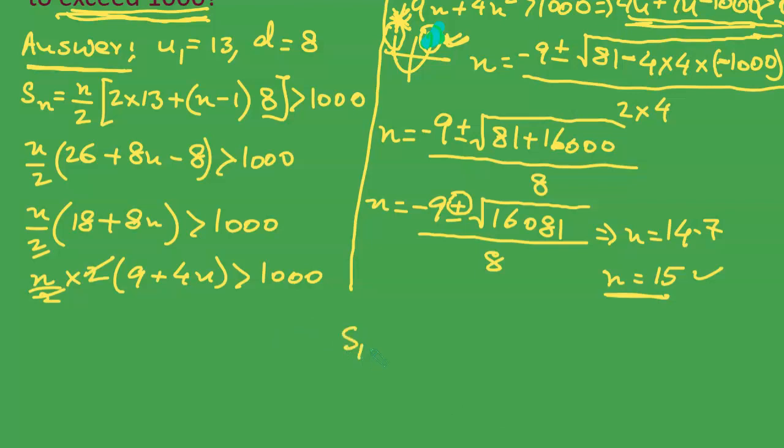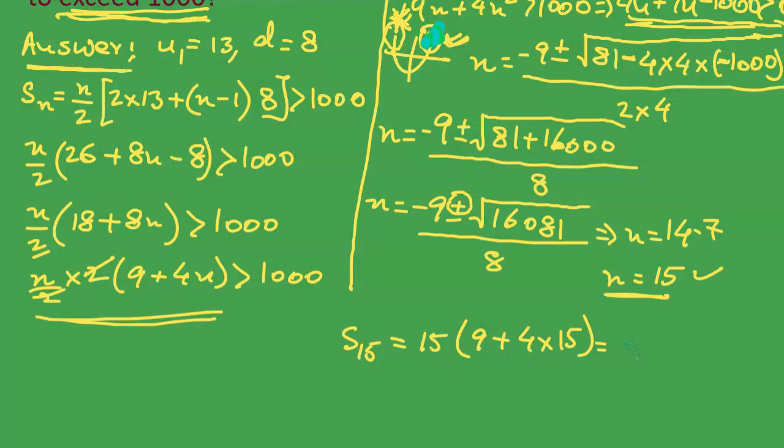So what is S15? S15 is equal to, I am taking this value, n times 9 plus 4n. Okay. So n is 15. So 15 times 9 plus 4 times 15. 4 times 15 is 60. 60 plus 9 is 69.